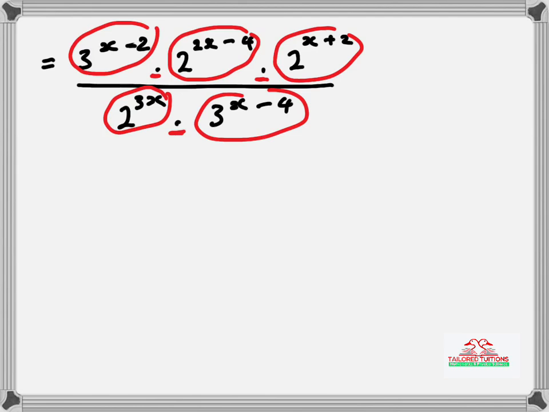Multiplication. Most of the time the exponential laws that work here, if you multiply powers of the same bases, you take one base and add the exponents. So we see that we have powers that are separated by multiplication. We know this is the exponential law that is going to work there.